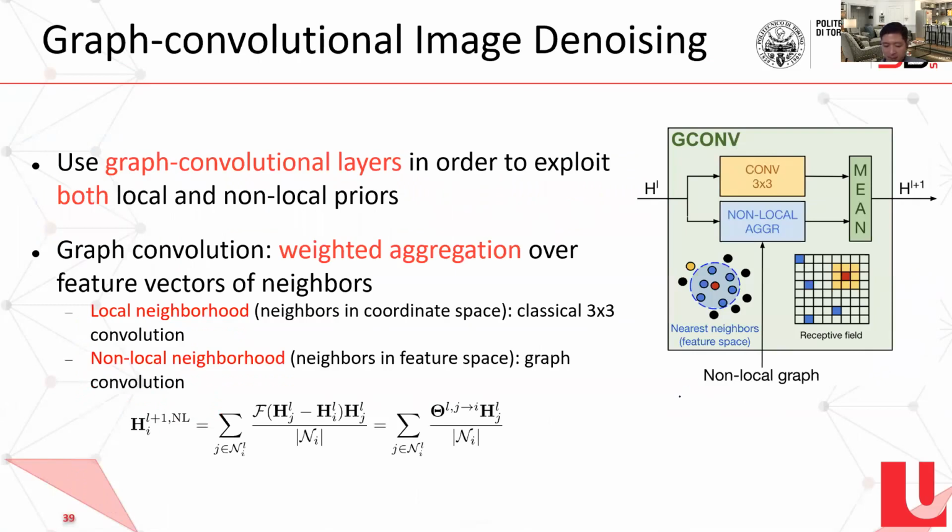And here's the operator in each of these layers. I won't go into detail in this presentation, but essentially they're able to design a very smartly connected network where you can do filtering both locally and non-locally. So you have patches that are similar across the image, and you can account for that as well.